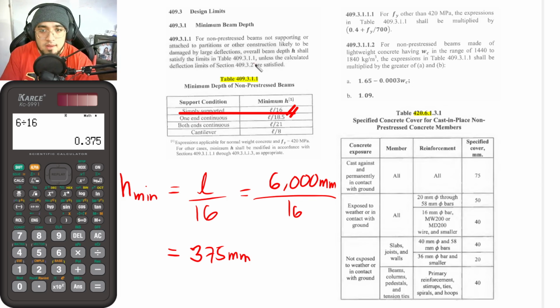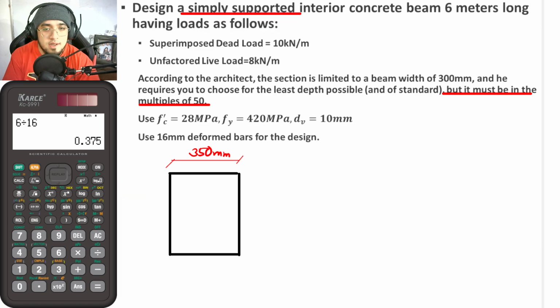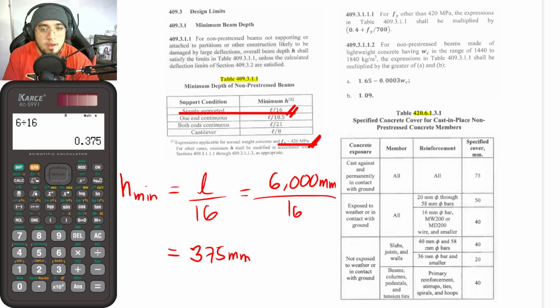Before I proceed, take note that this equation here can only be made use of if fy is equal to 420. And since in our problem, our fy is equal to 420, that is now our effective minimum h. However, in the event that your fy is not equal to 420, your answer here must be multiplied by this factor of 0.4 plus fy over 700.